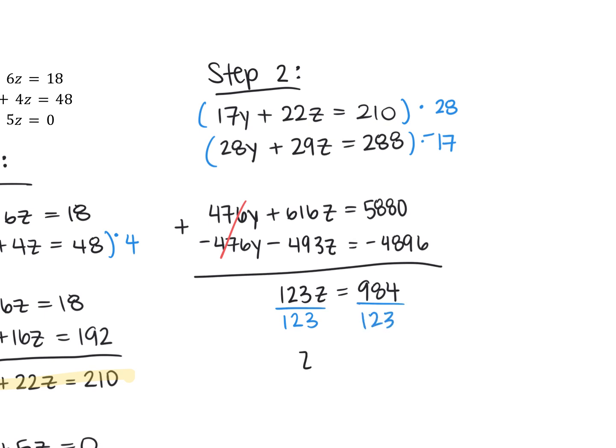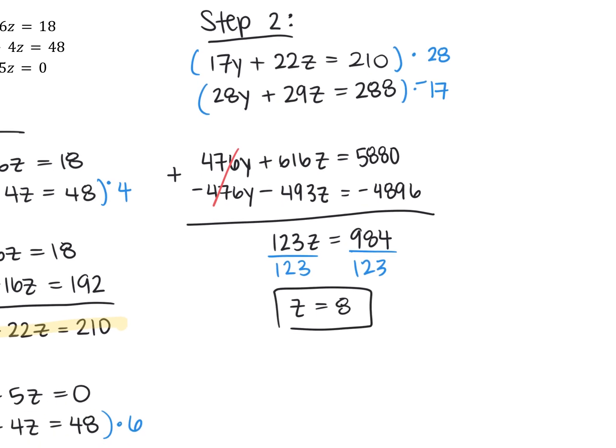And we're going to get that z equals 8. Now I want to plug that into one of the two equations I got from step 1 once I eliminated them to solve for y. And I'm going to go ahead and choose the 17y one just because the numbers again are smaller. So 17y plus 22 times 8 equals 210.